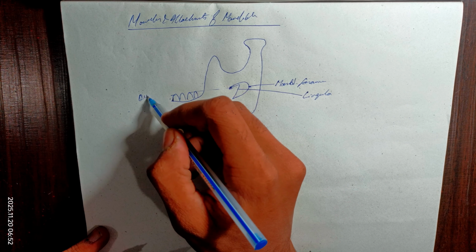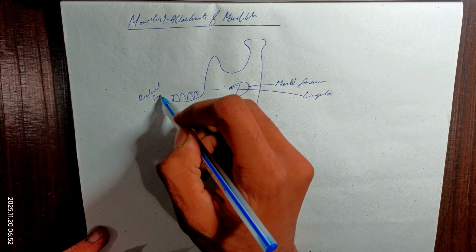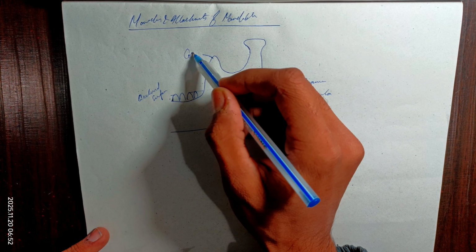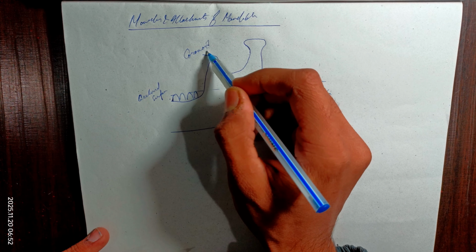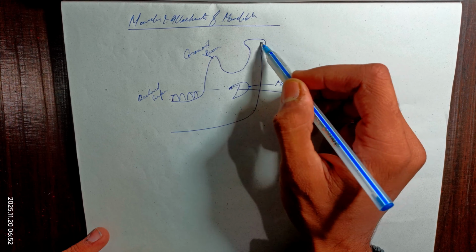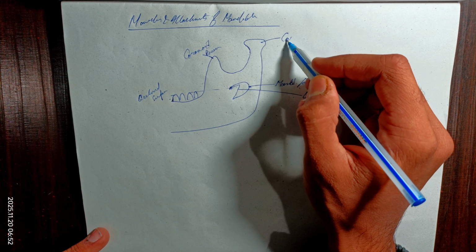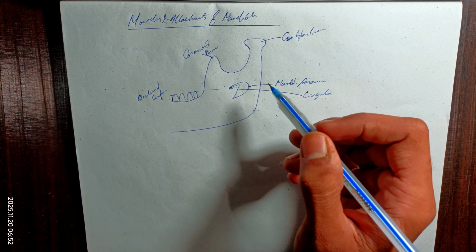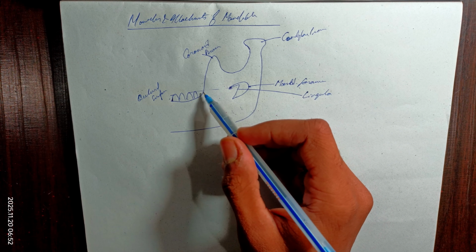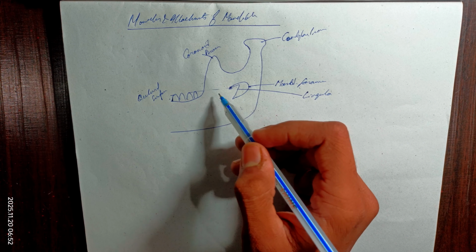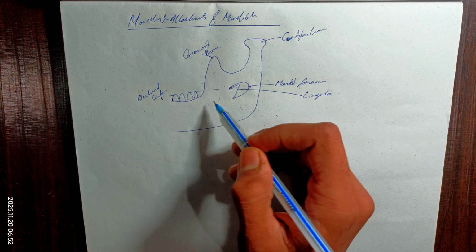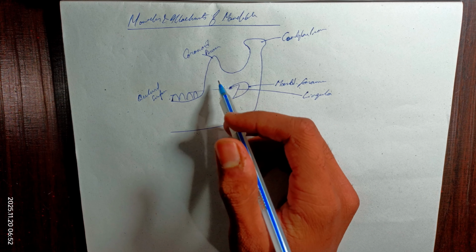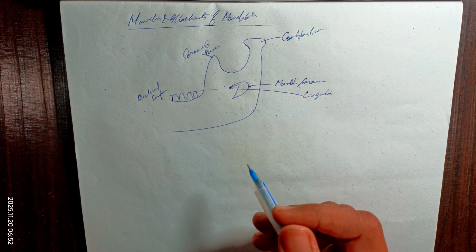This is the occlusal surface. This is the coronoid process, condylar process. This is the medial side of the right side of the mandible.